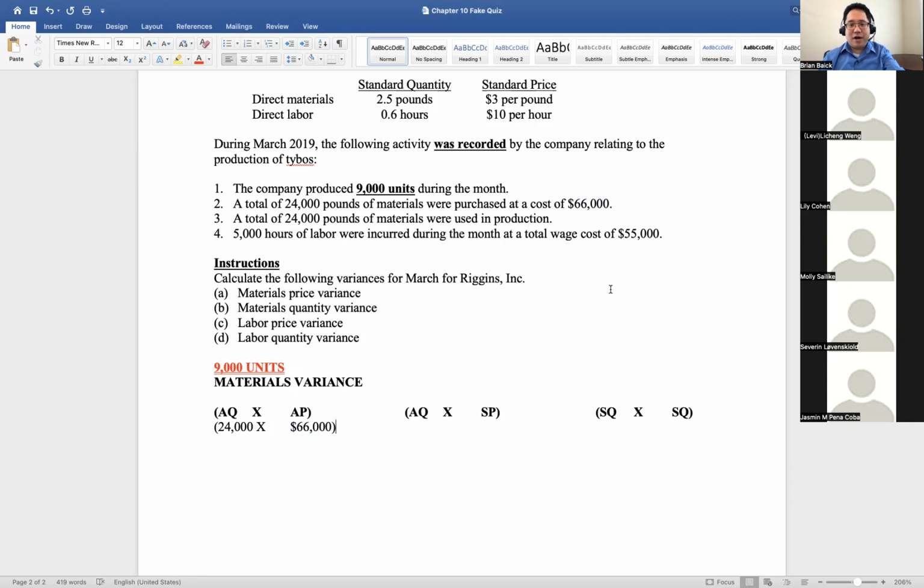Because what's the standard price per pound? It's $3. If standard price is $3, then how can the actual price per pound be $66,000? That makes absolutely no sense. So 66,000 has to be the total.